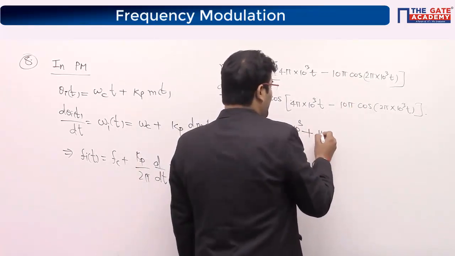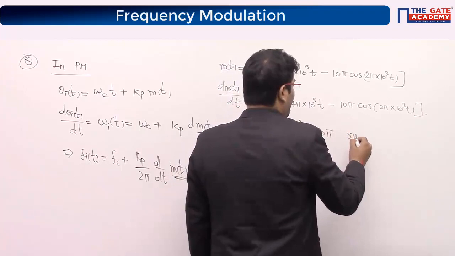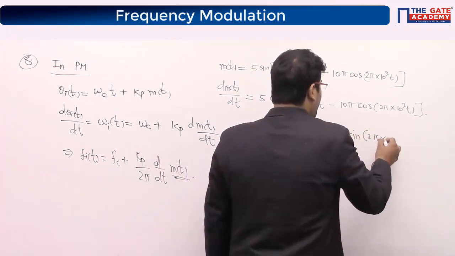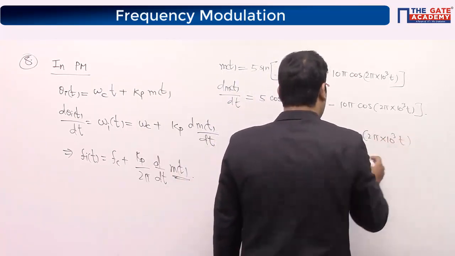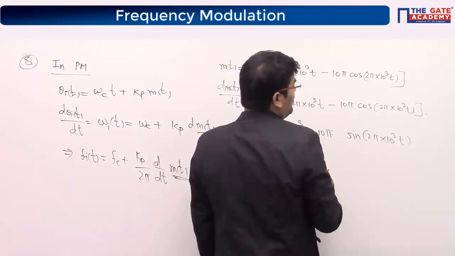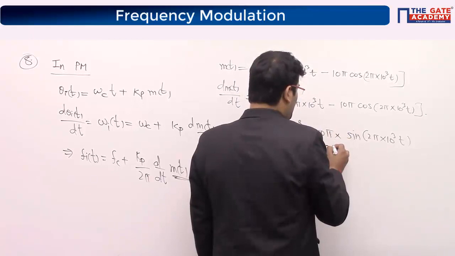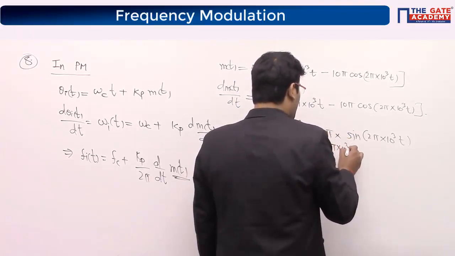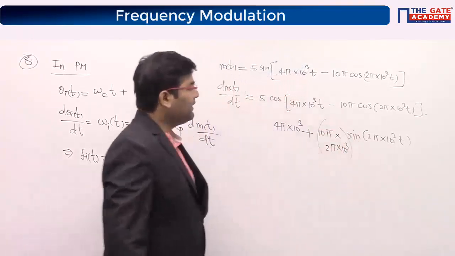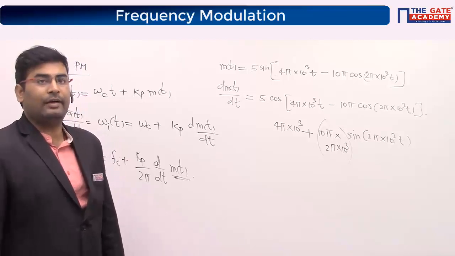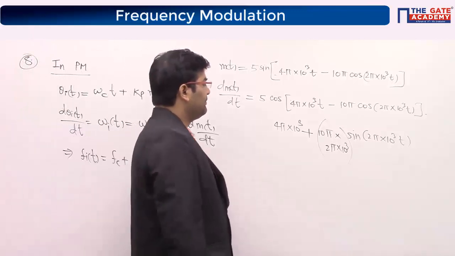So plus 10 pi sin(2 pi into 10^3 t) into chain rule, it will go on inside as well. So it will become what? Into 2 pi into 10^3. Clear, guys? Correct me if I made any mistake.